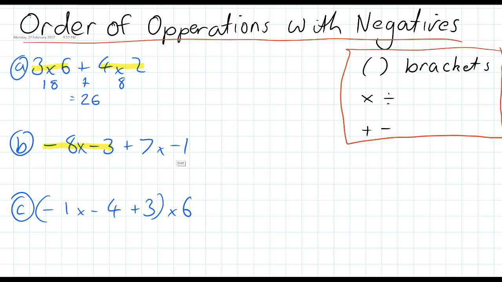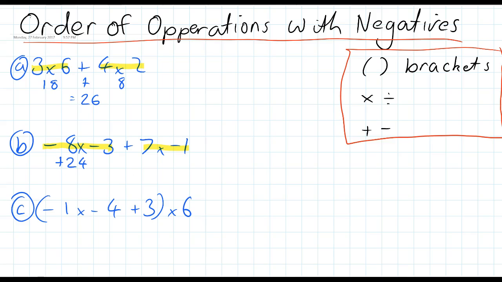Even though there's a negative, the thing I'm doing is timesing. So 8 3s are 24, and because that's 2 negatives, that's a positive. So it's positive 24, just like when I multiplied and divided.